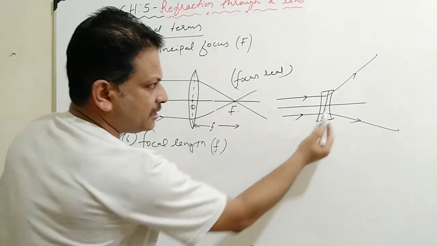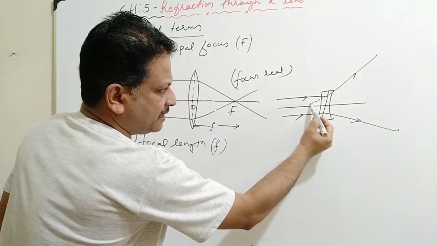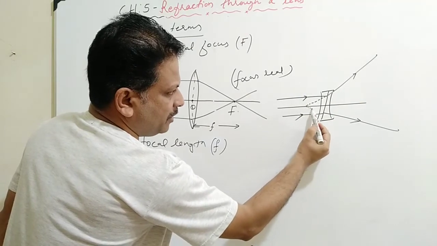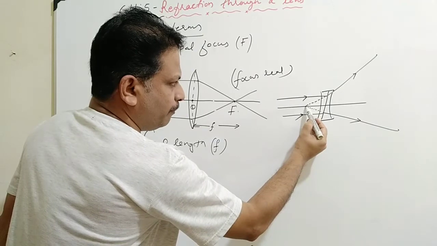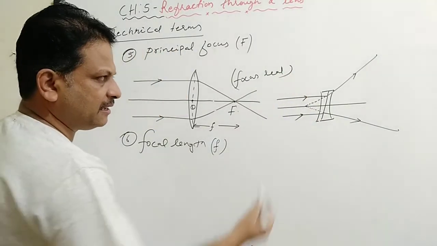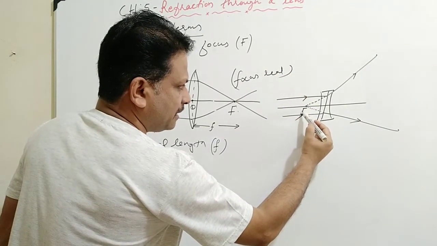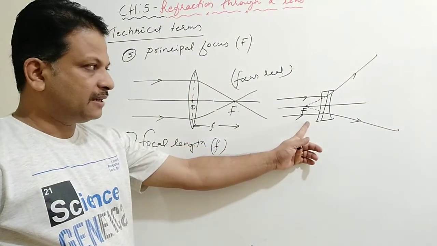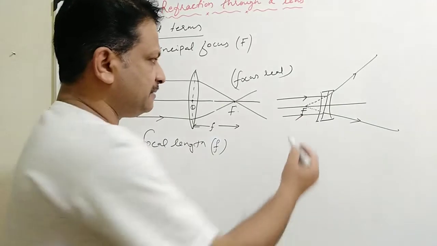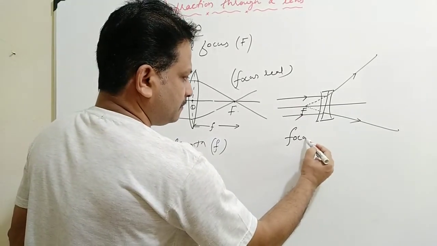Where is this point? Just produce these light rays backward. When you produce them backward, they meet at a point lying on the principal axis. That meeting point we call the principal focus in case of a concave lens. Clear? So in case of a concave lens, the focus is virtual.